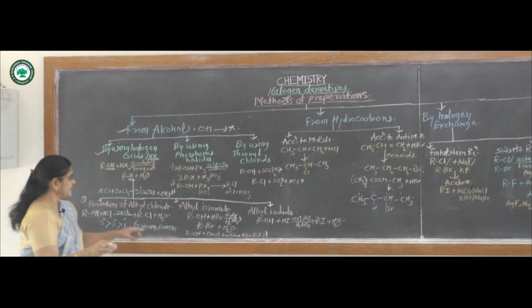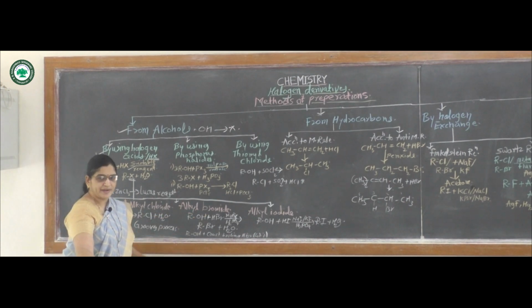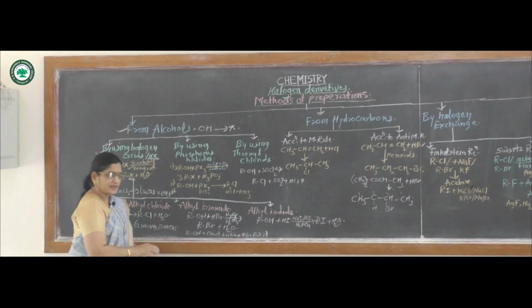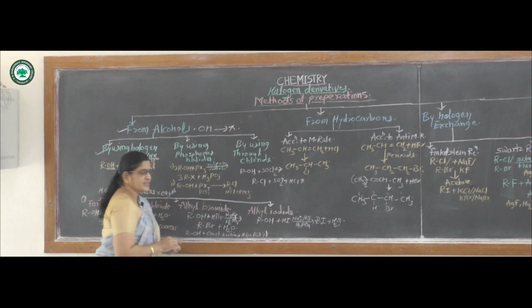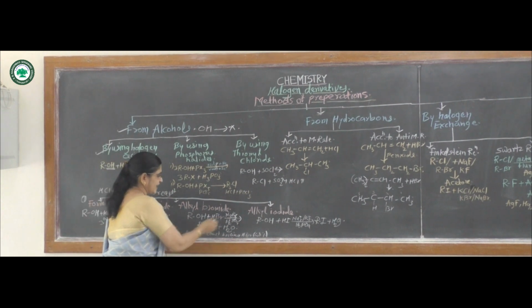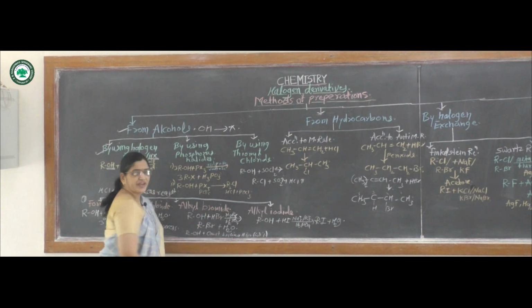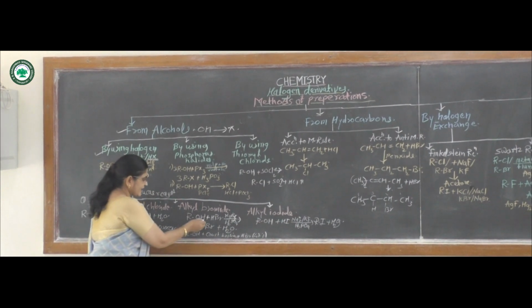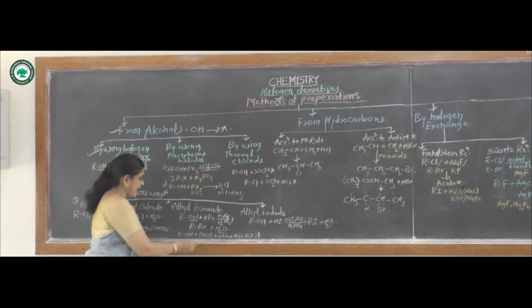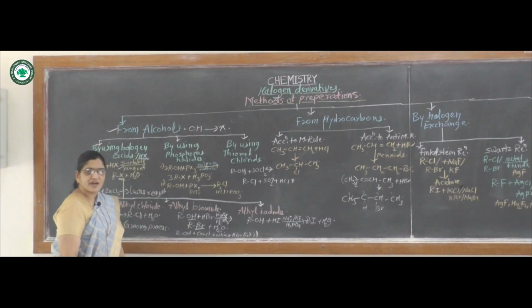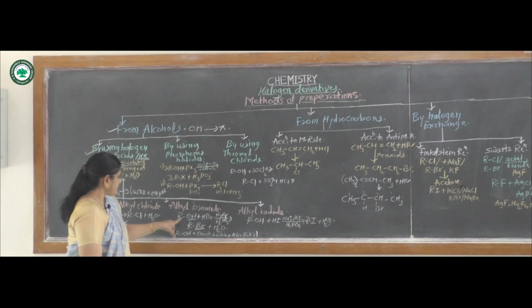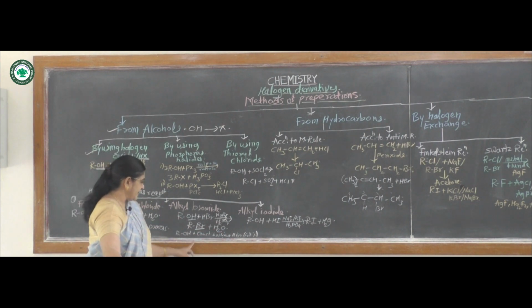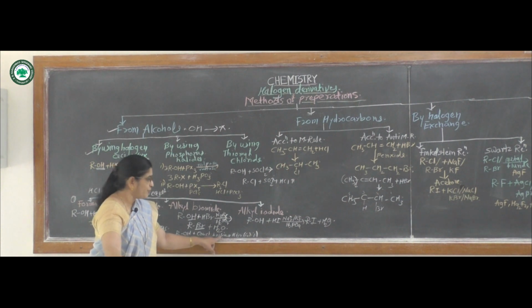Second, preparation of alkyl bromide. For alkyl bromide, again ROH, that means alcohol, reacts with hydrogen bromide. The reagent used here is sodium bromide and H2SO4. Again the OH group gets replaced by a bromine atom and it forms alkyl bromide plus H2O. Primary alcohol also reacts with constant boiling hydrobromic acid at 48%.